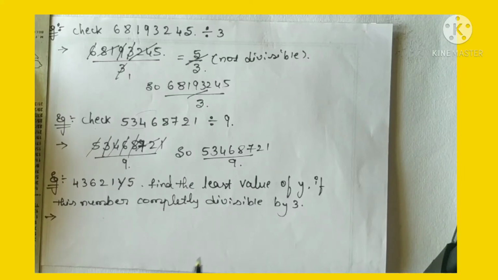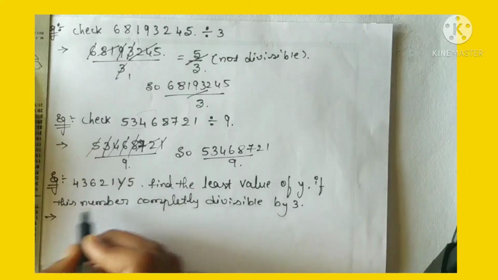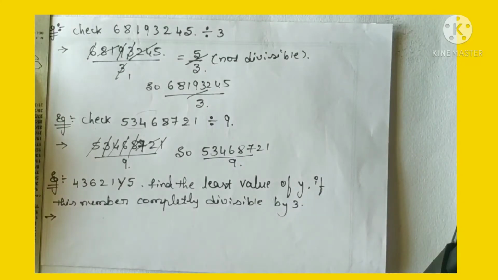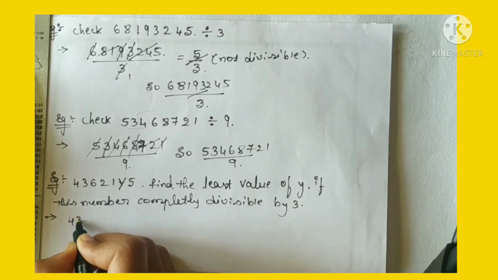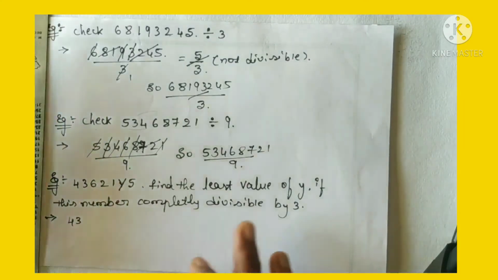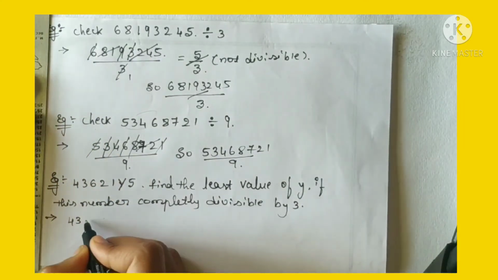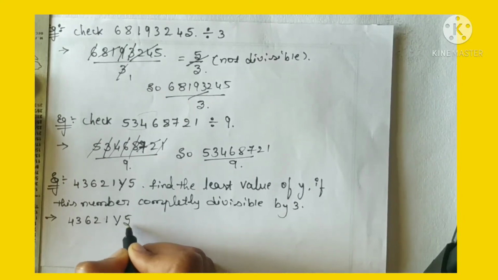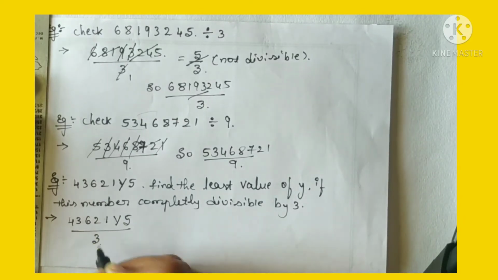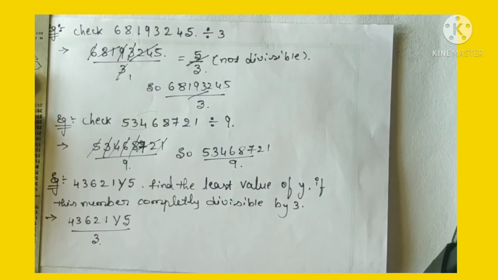For this, I just apply the divisibility rule of 3. I write the number as it is, 4 3 6 2 1 y 5, divided by 3. Now I cut off the numbers which are directly divisible by 3.